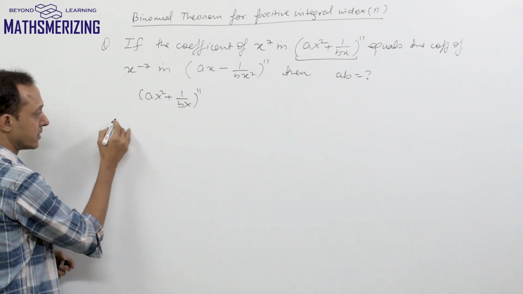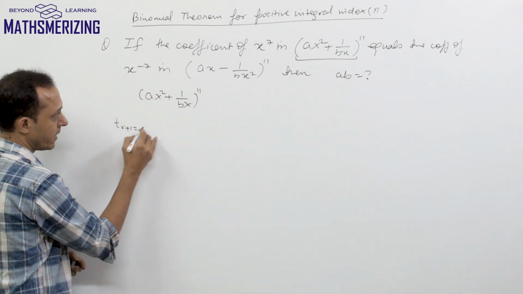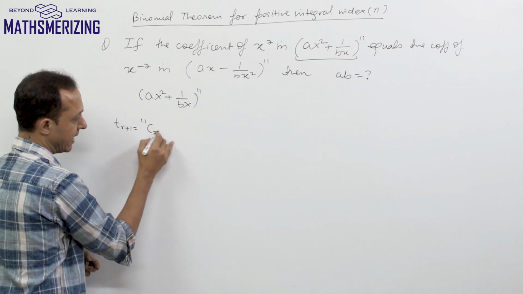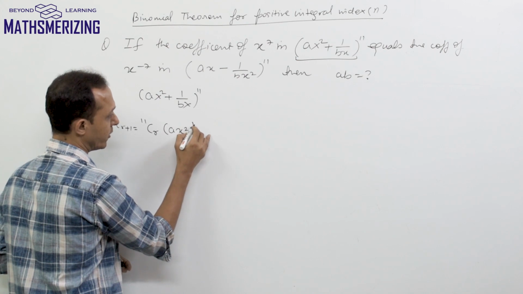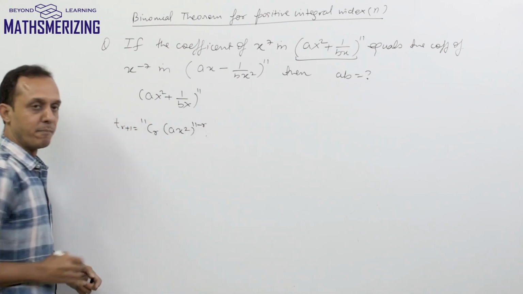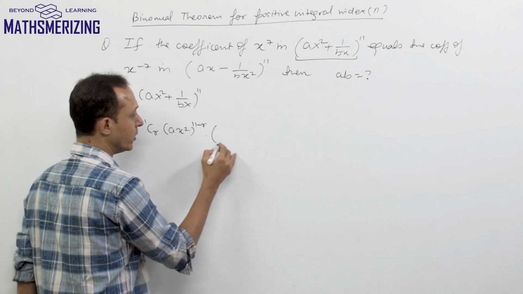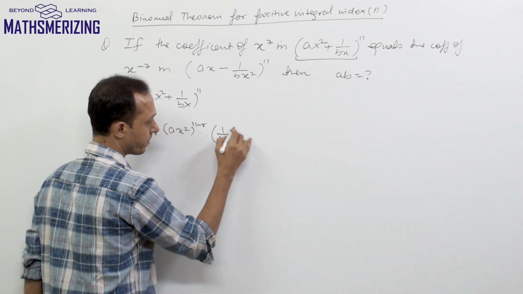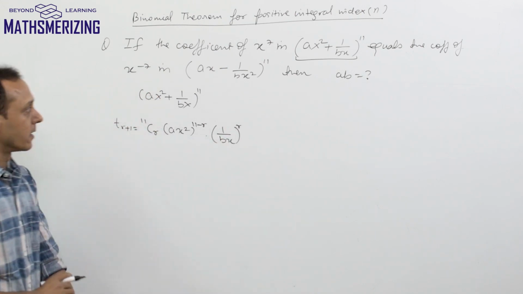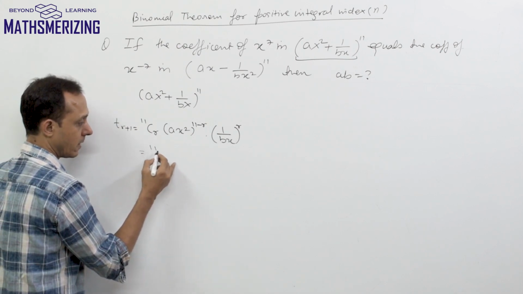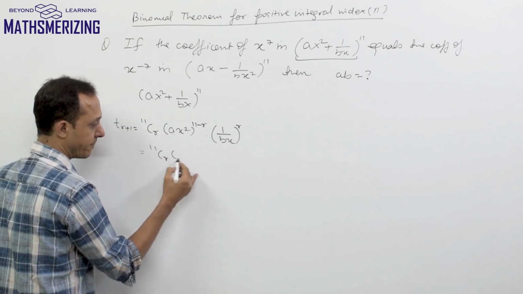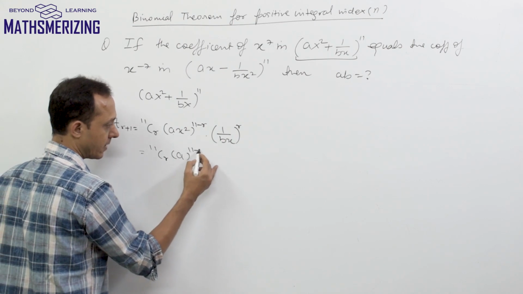So its general term is T(r+1), and it is 11Cr, (ax square) to the power 11 minus r, and then 1 upon bx to the power r. I'll take this a separately, so this is a to the power 11 minus r.